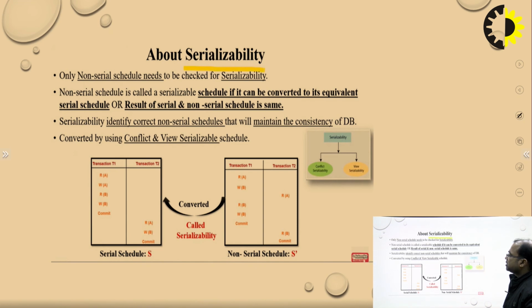Next, a non-serial schedule is called a serializable schedule if it can be converted into its equivalent serial schedule, or if the result of the serial and non-serial schedule is the same.